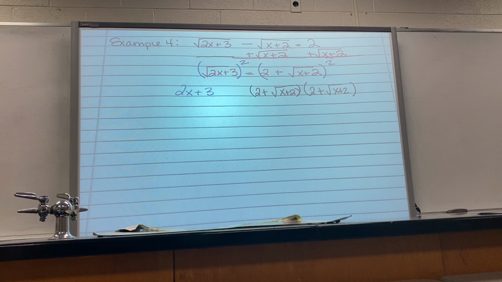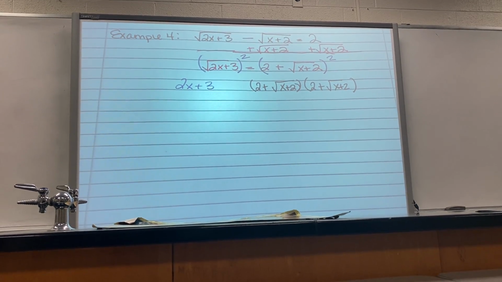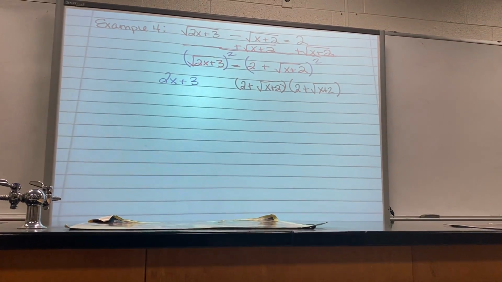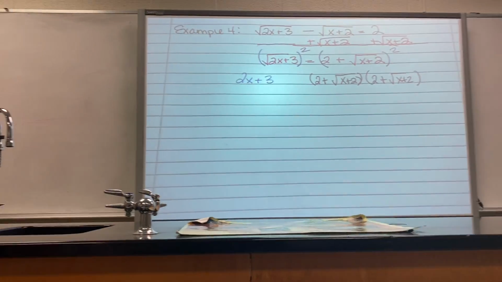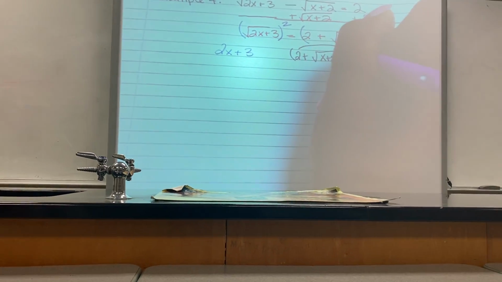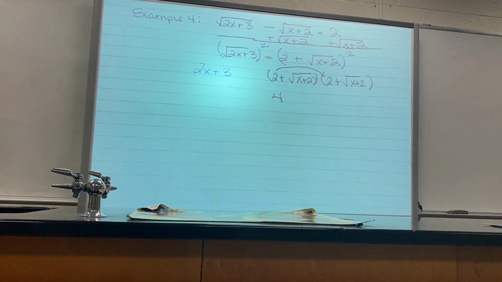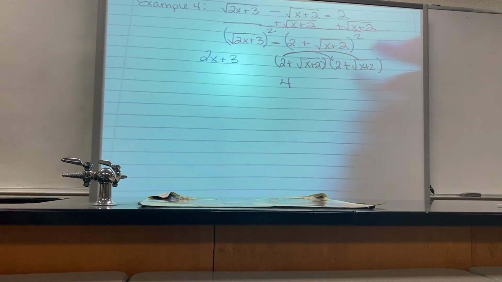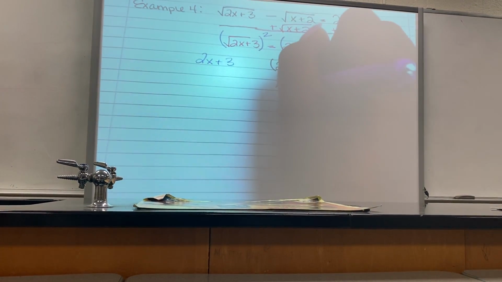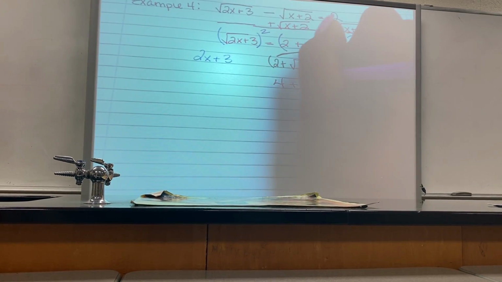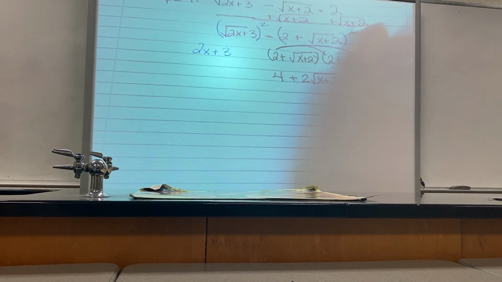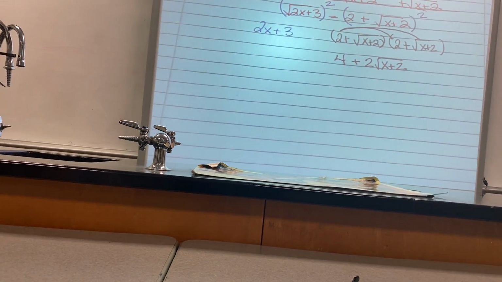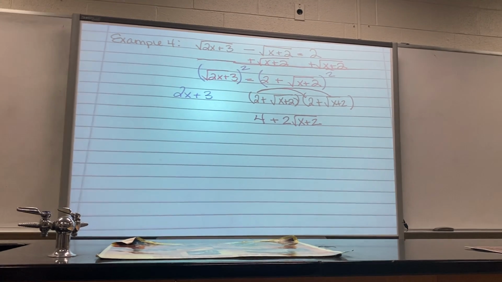I use the same FOIL method as I did before, multiplying each little piece. So 2 times 2 is going to give me 4. 2 times the square root of x plus 2 is going to give me a positive 2 root x plus 2. Now notice I'm multiplying there, so there's no plus in that. It's just 2 times the square root of x plus 2.